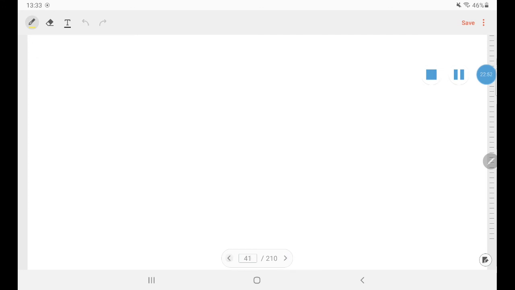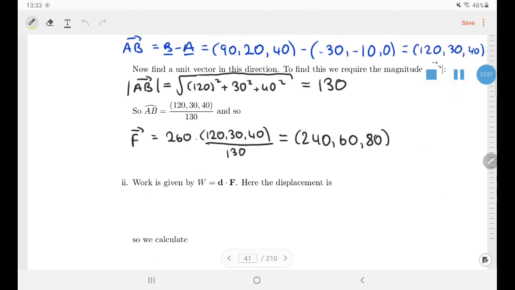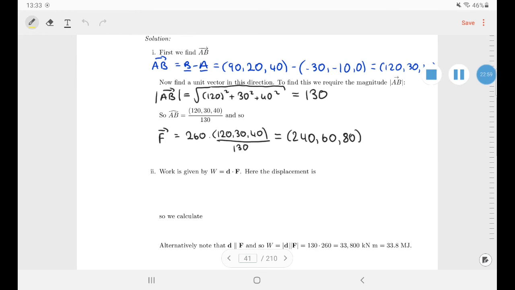The displacement is, it's pulling it from the bottom to the top, from A to B. So the displacement is the vector from A to B, which we already calculated, was 120 along the X, 30 along the Y, and 40 along the Z.